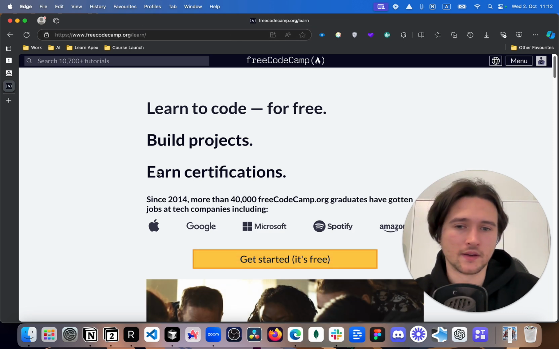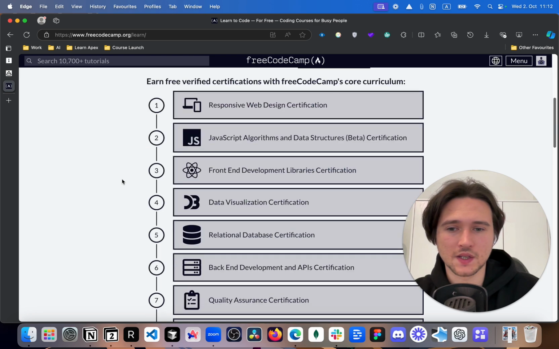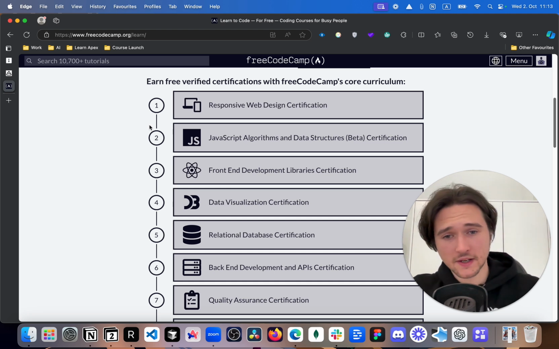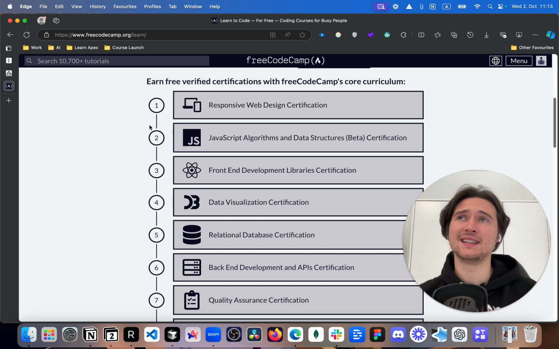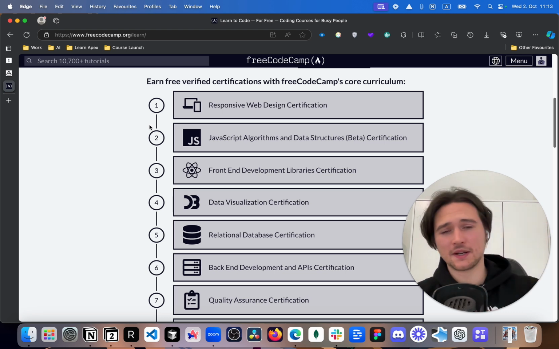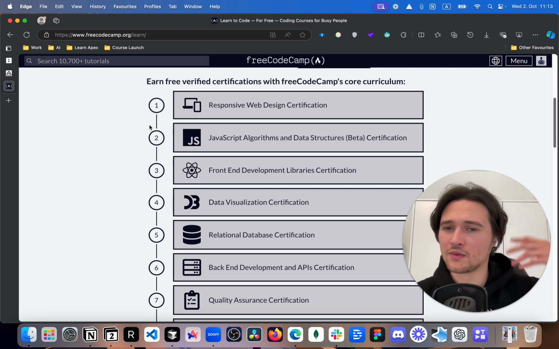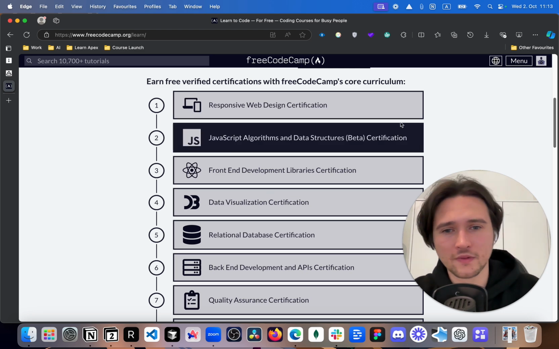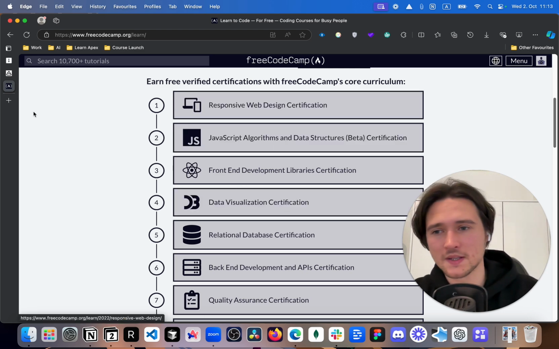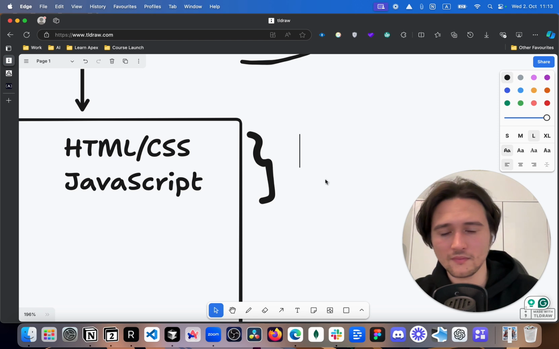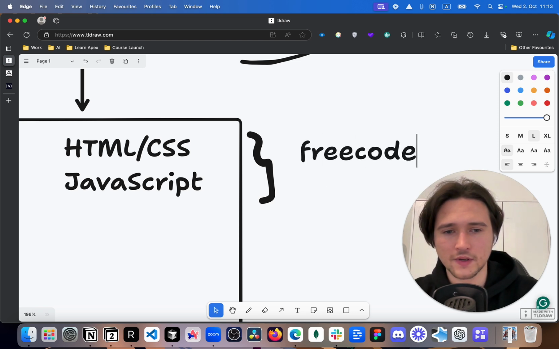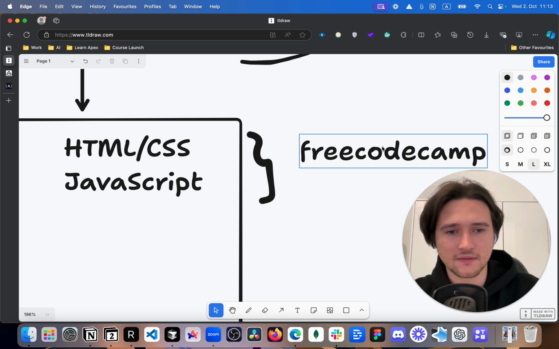It's really good to have something structured. It's free. It basically does quick recaps for you, so you just move through the thing. You move through HTML, you move through JavaScript and all of this. This is enough.